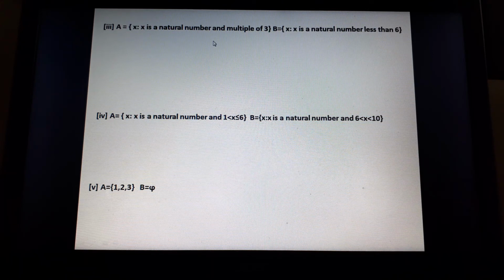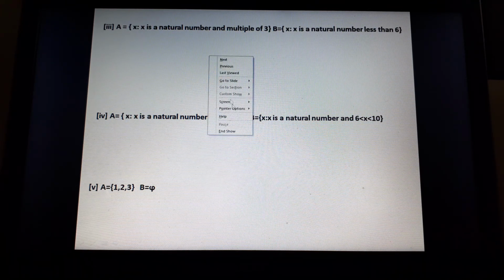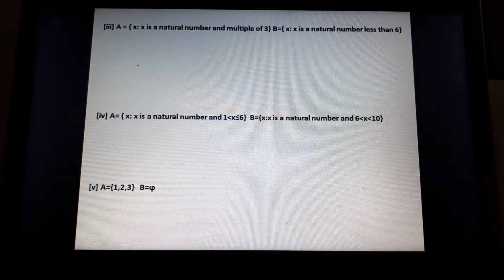See, this we have done in union also, but now let us do it in intersection. So I have already shown you what A is here. A is multiples of 3, meaning 3, 6, 9, 12, etc. And natural numbers B less than 6 means 1, 2, 3, 4, 5.